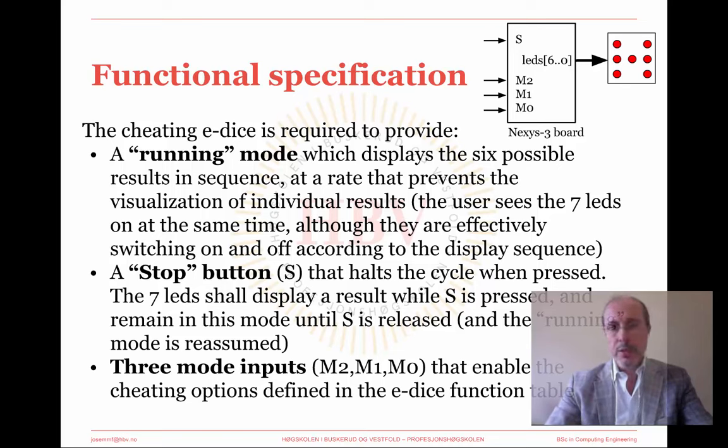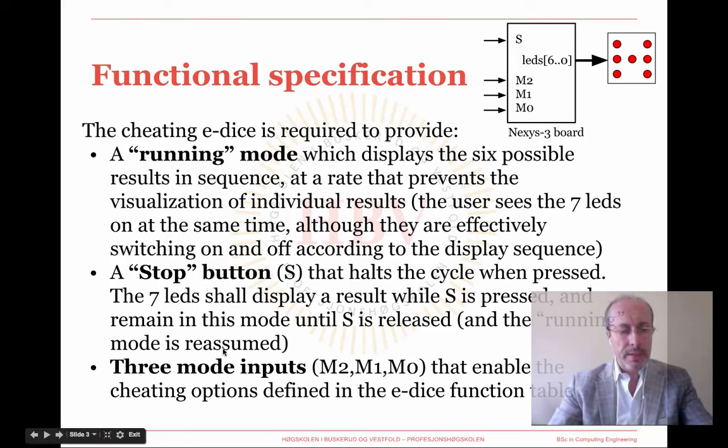So if the result that was driven to the LEDs at the moment that we press the stop button was, for example, 3, then we will continue to see result 3 while the stop button is pressed, and then revert to the normal running mode as soon as we release the stop button.